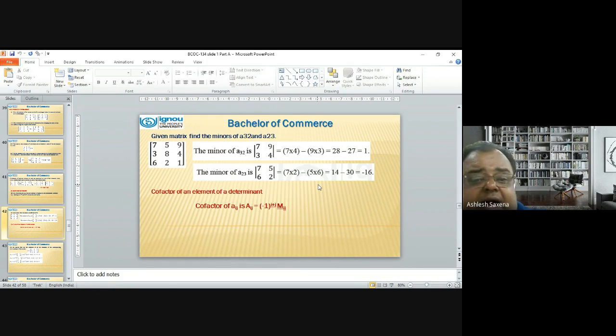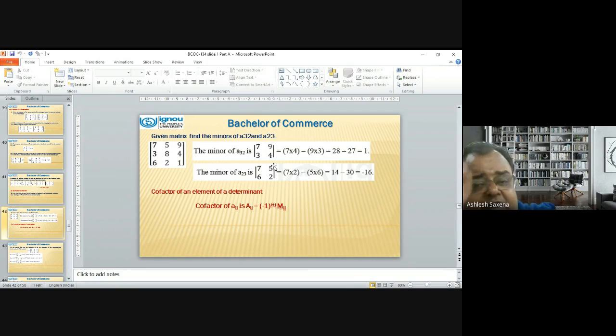Now, I will tell you something about cofactors. There is a very simple step to be performed when we are finding the cofactors. For cofactors, you have to keep one thing in mind: the nature of these two numbers. When you add these numbers, 2 plus 3 is 5, 3 plus 2 is 5.